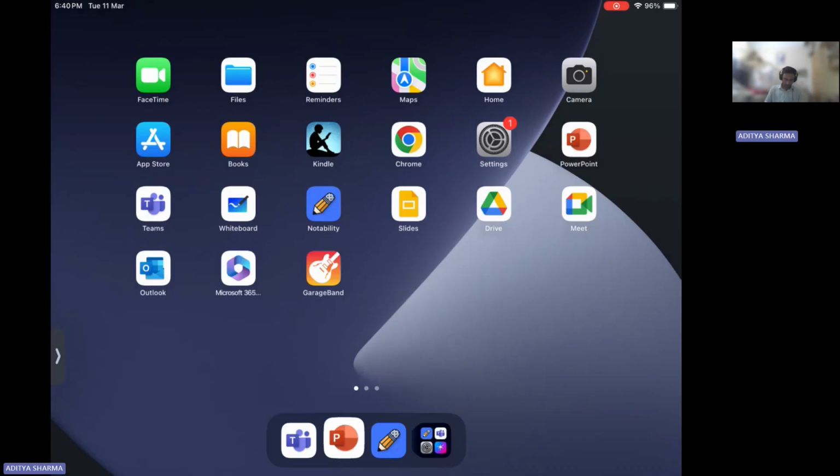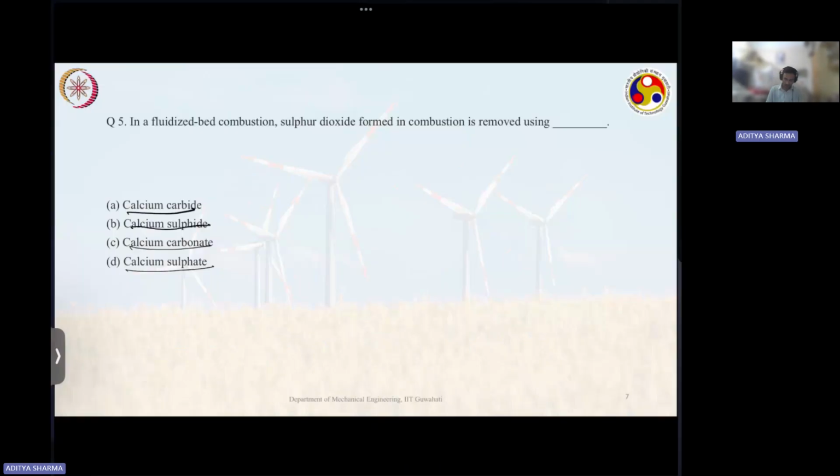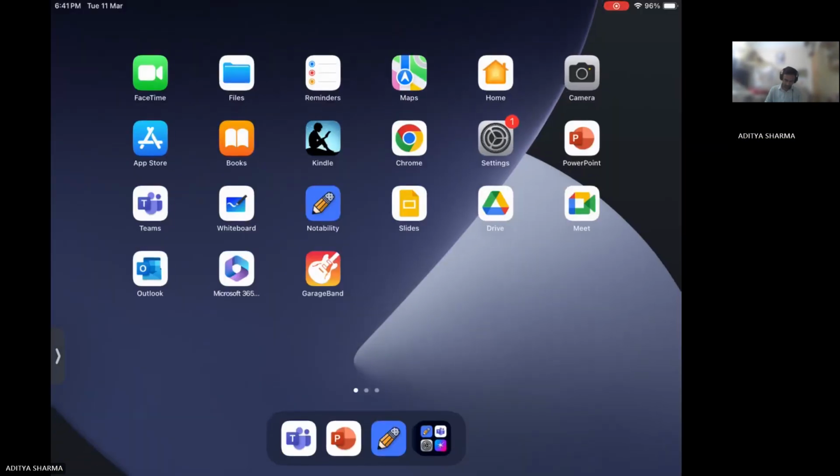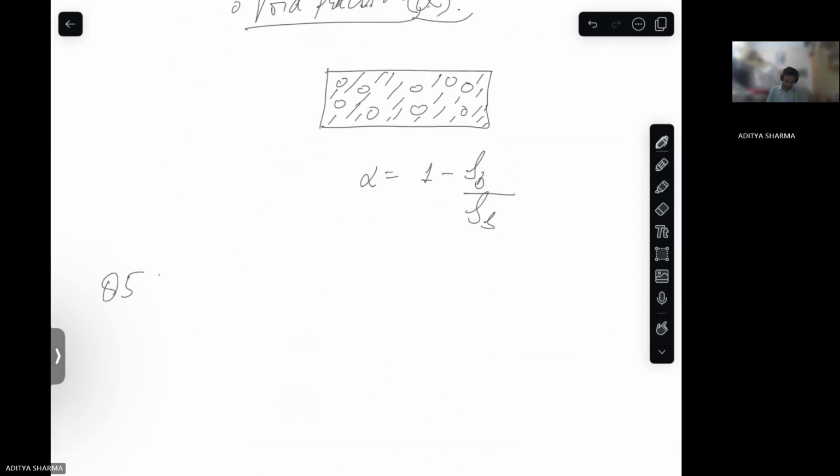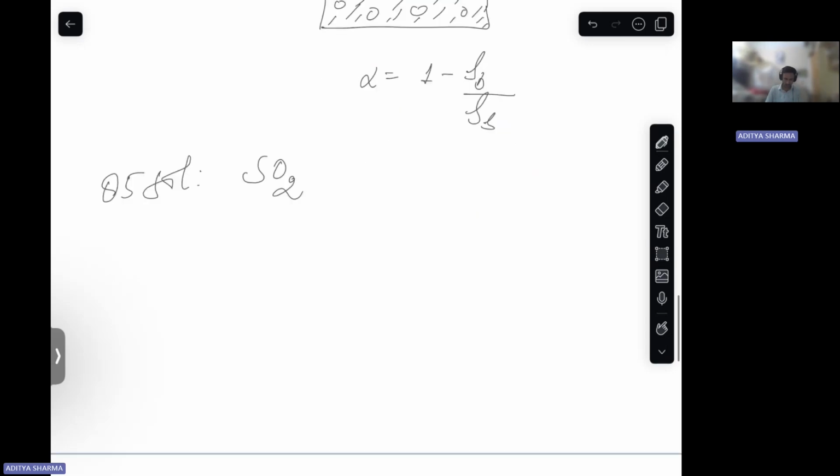In your combustion products, you have sulfur dioxide.